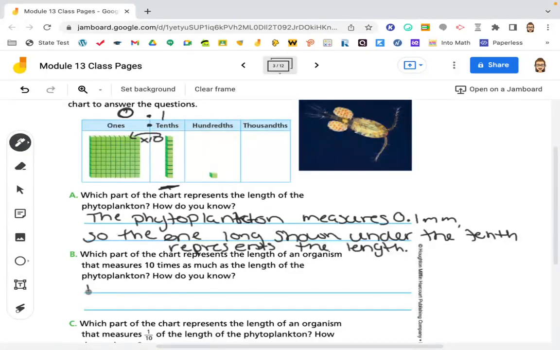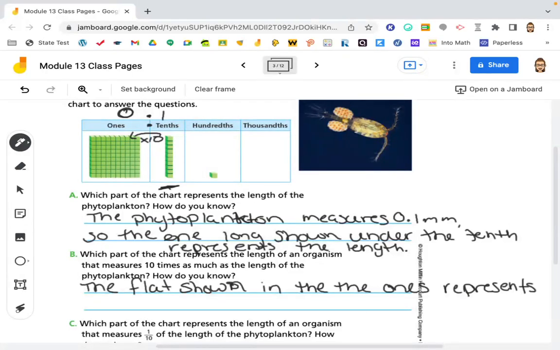So the flat shown in the ones represents 10 times the length.